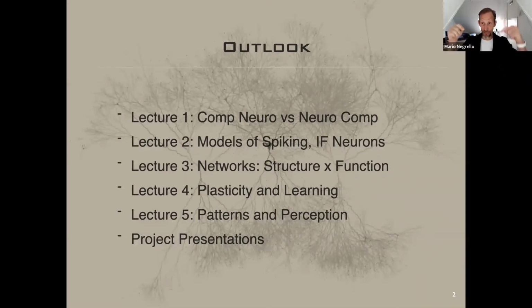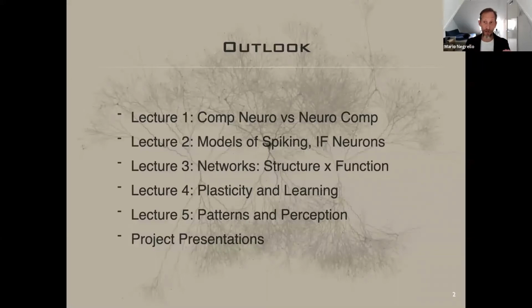Then lecture 2, this lecture. I've reconsidered what our material for each day was going to be a little. I didn't want to overburden lecture 2, going from models of spiking neurons all the way to integrate and fire networks. So I've decided to stop at integrate and fire neurons.